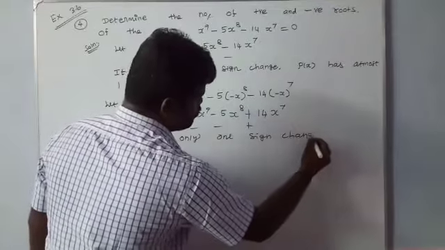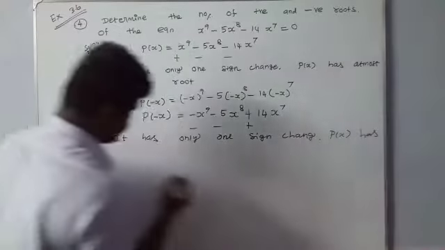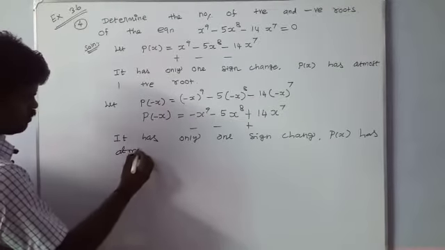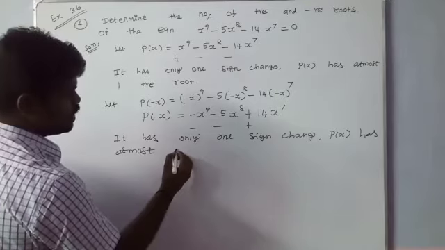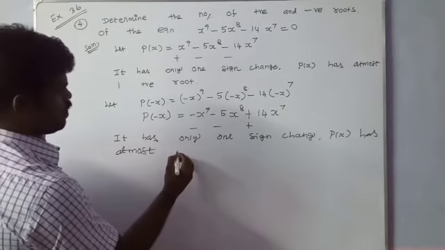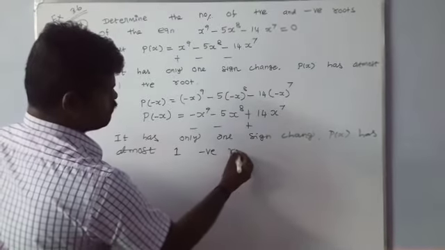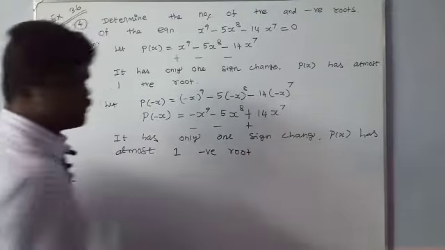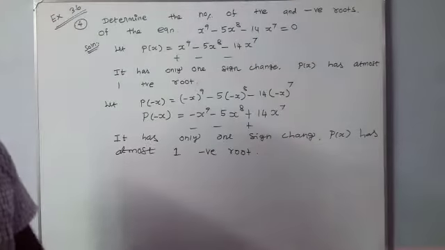P of x has at most one negative root. So the equation has one positive root and one negative root.